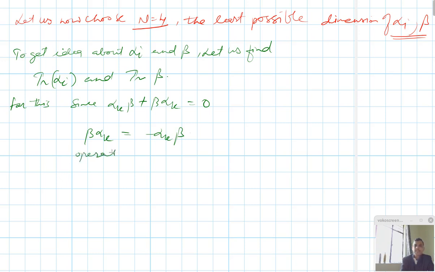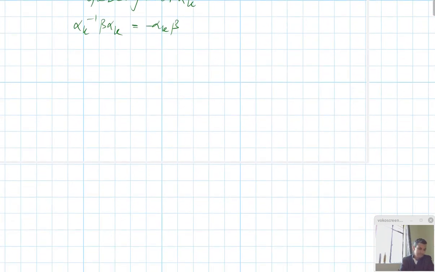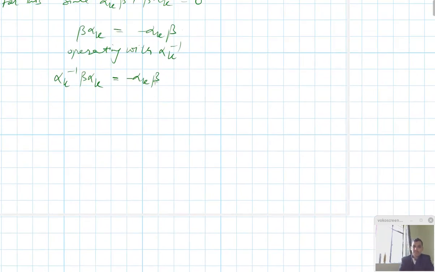Now operating with alpha k inverse on both sides, I can write it like this: alpha k inverse alpha k beta becomes an identity matrix.